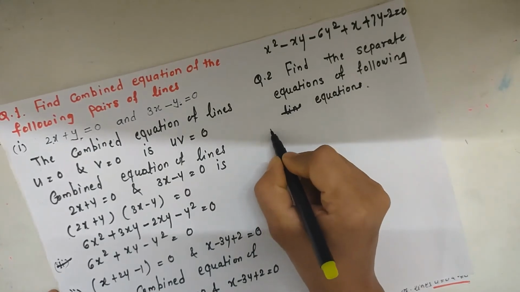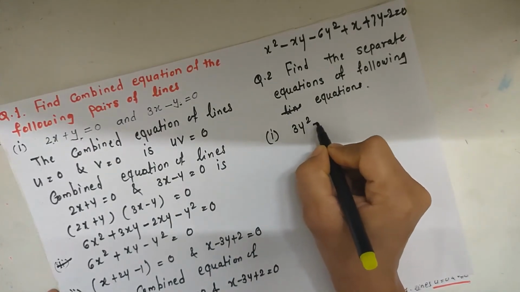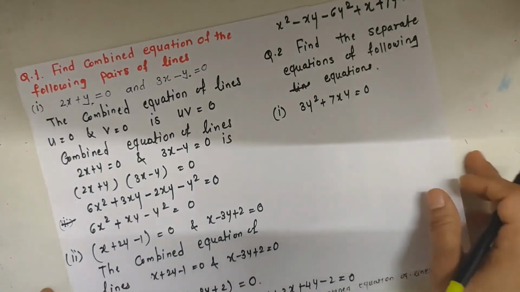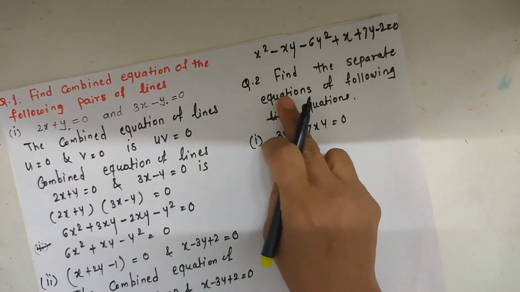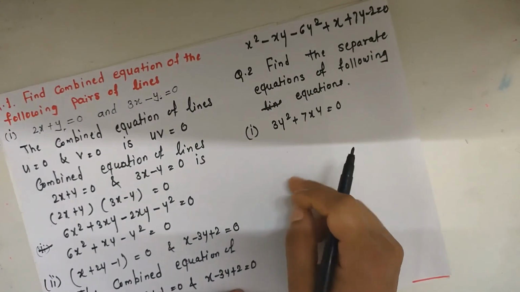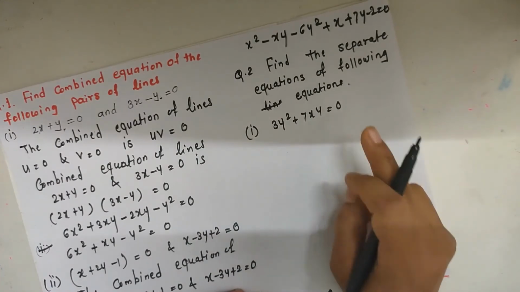So the first equation is 3y square plus 7xy is equal to 0. The given equation is 3y square plus 7xy is equal to 0.